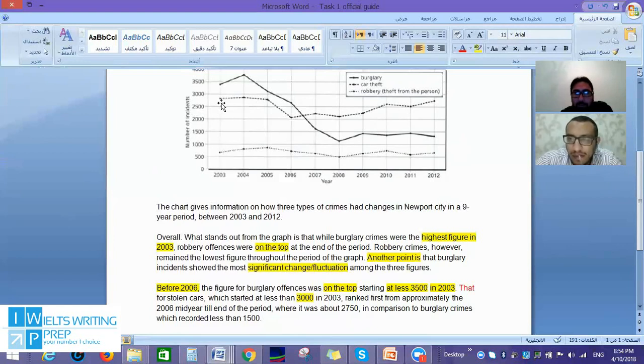That was more accurate in comparison to burglary crimes, which recorded less than 1,500. I'm not happy with random numbers like just "less than." I want you to be as specific as possible. Try to be as accurate as possible with that.